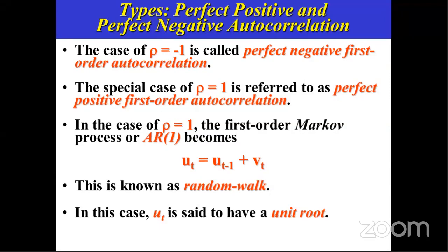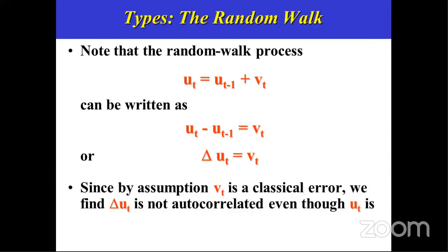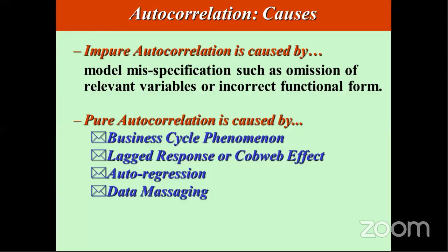Okay, so this is just related to the types of autocorrelation. Related to the random walk process, I don't want to get into that. You will learn all this in time series econometrics.